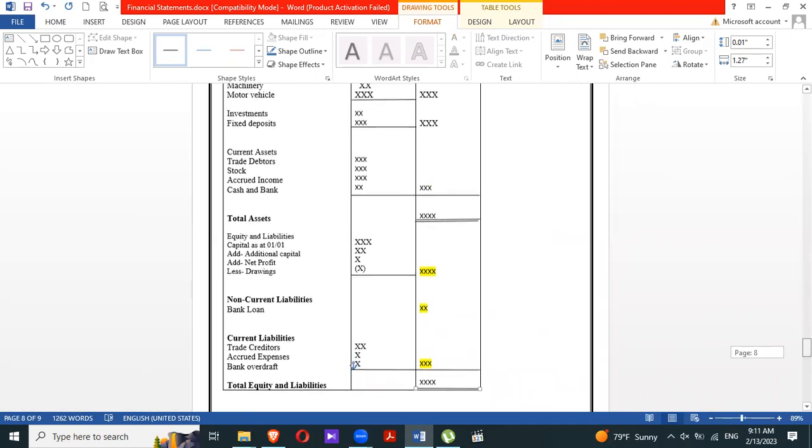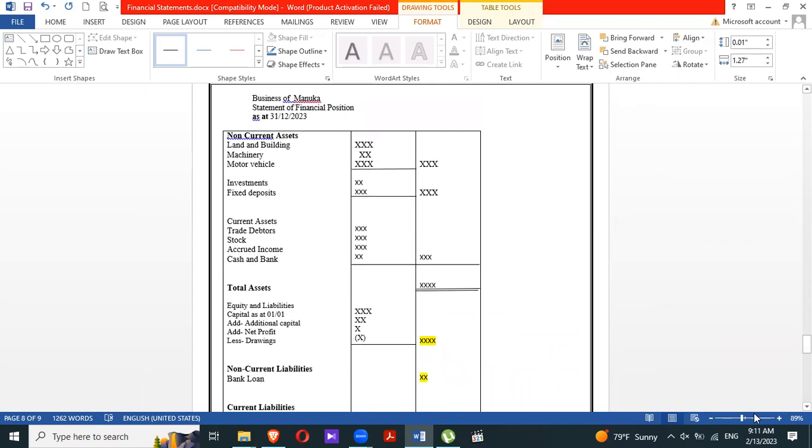This is the full structure we prepared for the statement of financial position.